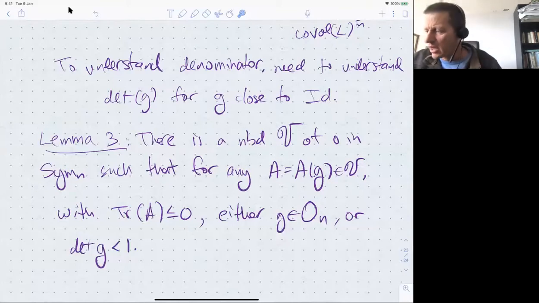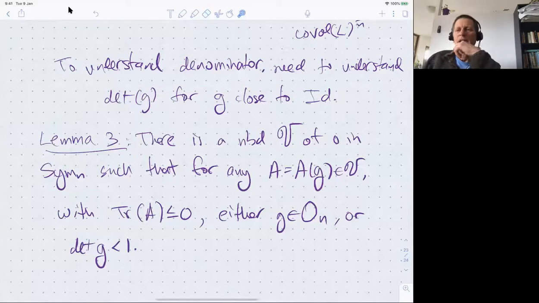because this is related to a previous question. This says A equals A of G, and as we saw, the mapping G maps to A of G is not one-to-one. But in what sense is it not one-to-one? If you have two different G's that map to the same A, then they differ by an orthogonal transformation.